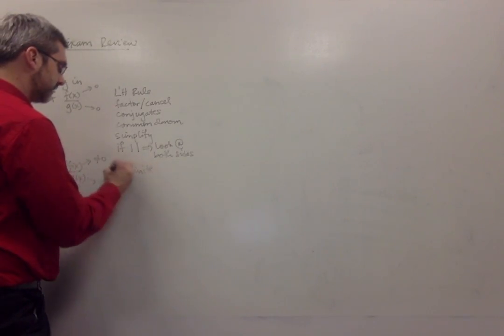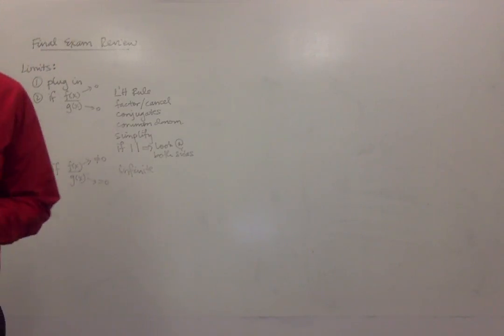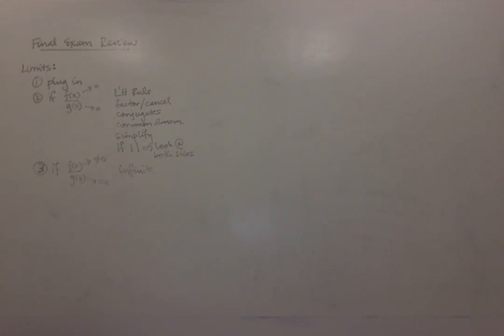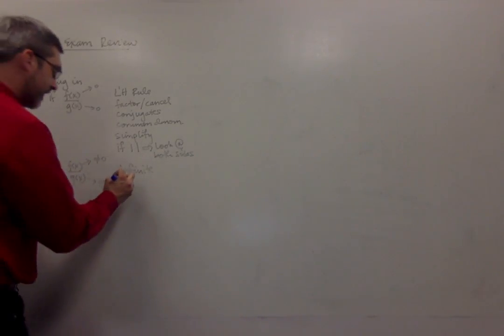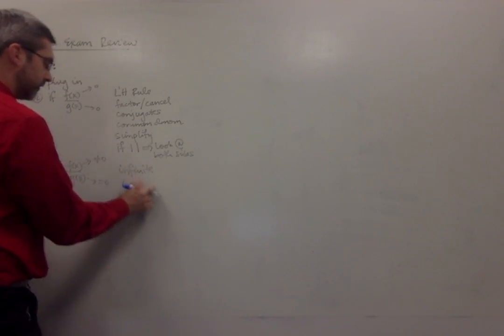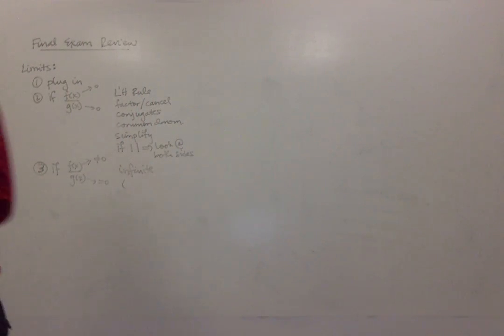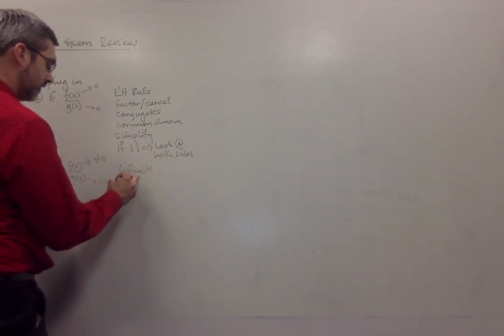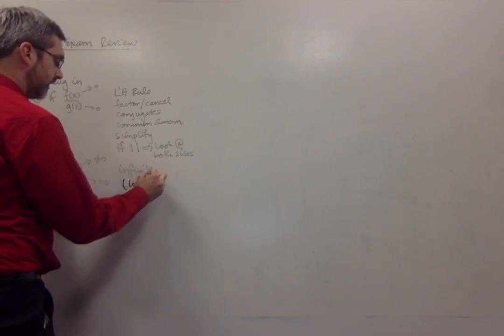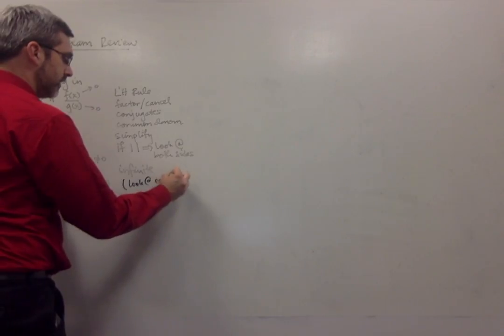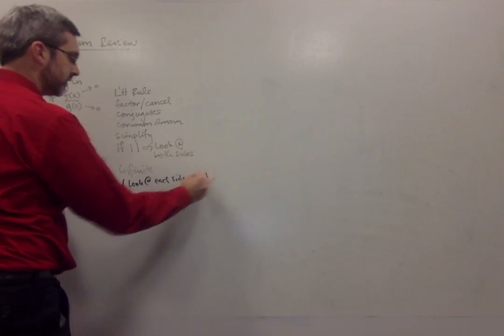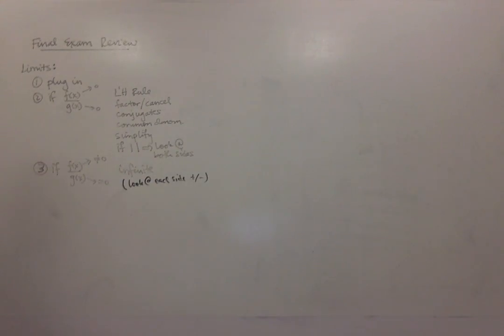And what we do is we look at each side. We look at the limit from each side to see if it's positive or negative to help us know if we're going to positive infinity or negative infinity. Okay.